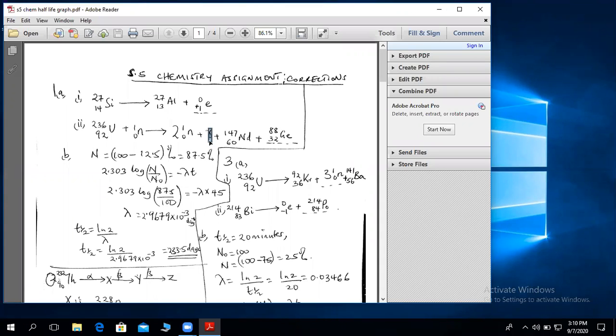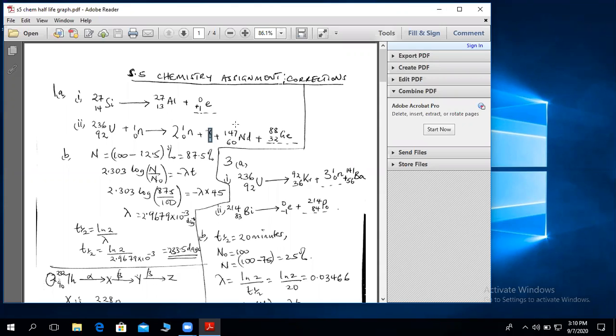A gamma ray has no effect on either the atomic number or the mass number. So when a gamma ray is emitted, the mass number is not affected, and likewise the atomic number is not affected. That's the effect of the gamma ray.